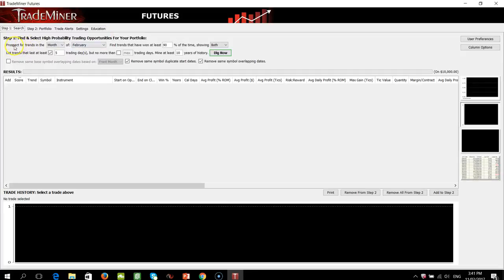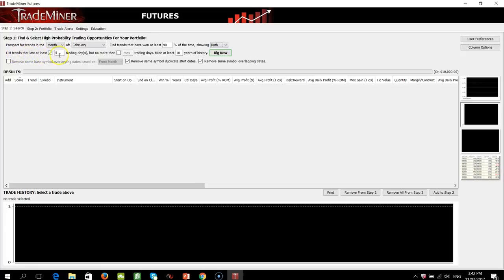So what you want to do to find trades is you go to the month that you want to look at. Right now it's February 11th. Well, I don't know, let's start here in February. And there's a few parameters you can play around with. Find trends that have won at least 90% of the time, showing both bullish and bearish.